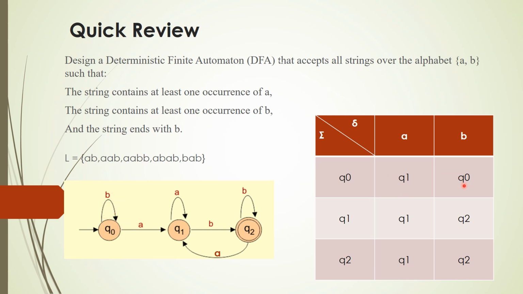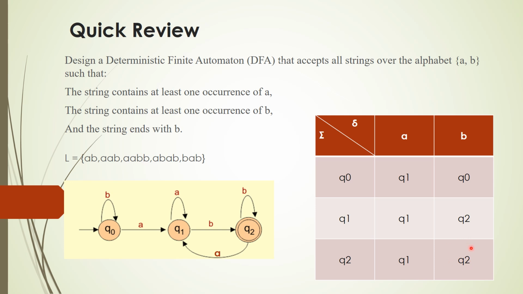For the Q1 state, with input symbol A it goes to Q1 itself, and with input symbol B it moves to the Q2 state. For the Q2 state, with input symbol A the transition moves to Q1, and from Q2 with input symbol B the transition moves to Q2 itself.